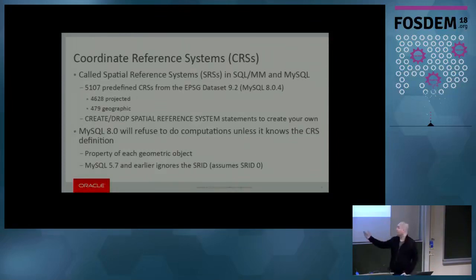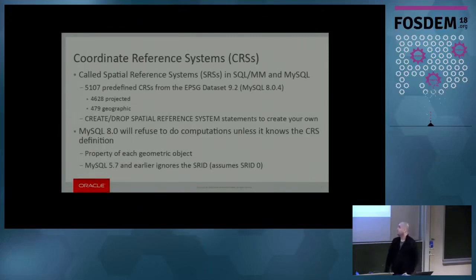That was the only thing that MySQL 5.7 understood. That is the root of almost all of our upgrade issues, because MySQL 5.7 just ignored the SRID instead of saying, no, this is bad, only use 0. So if you did something else than 0 in MySQL 5.7, you're up for some funny upgrades.